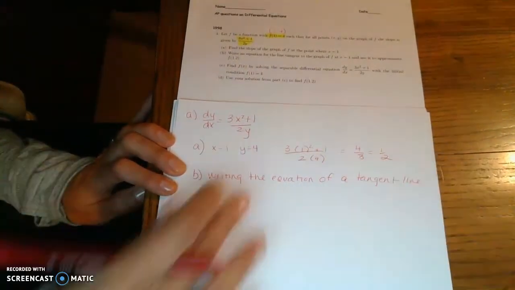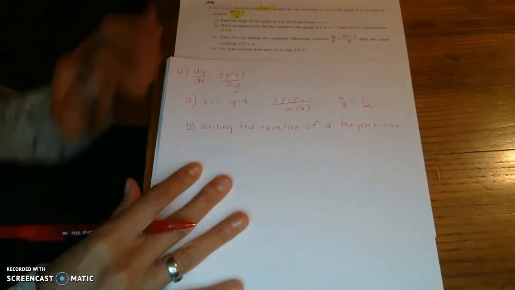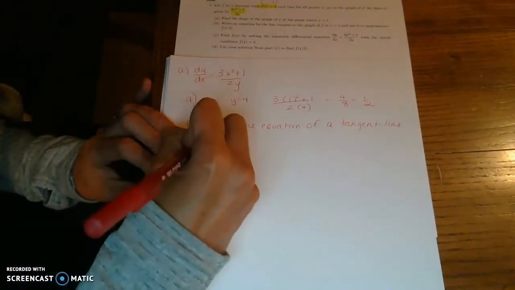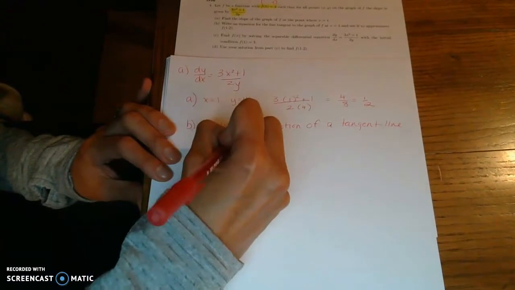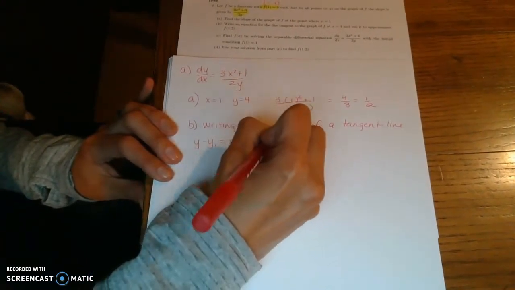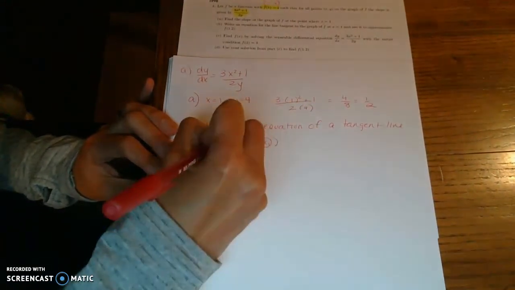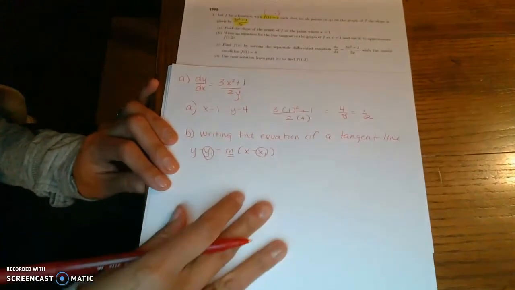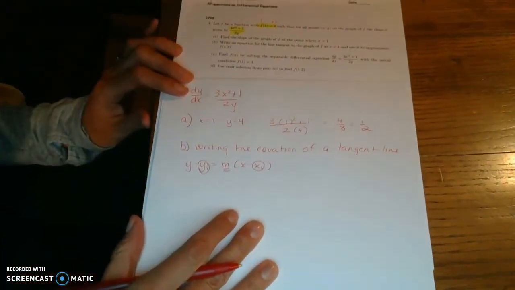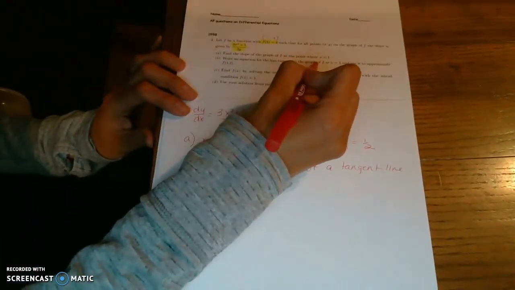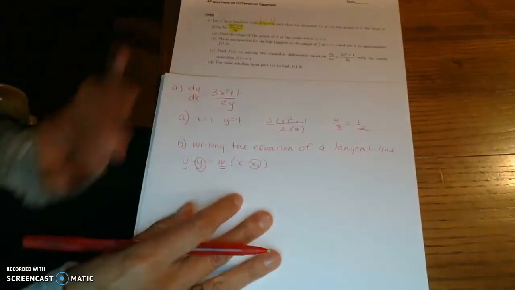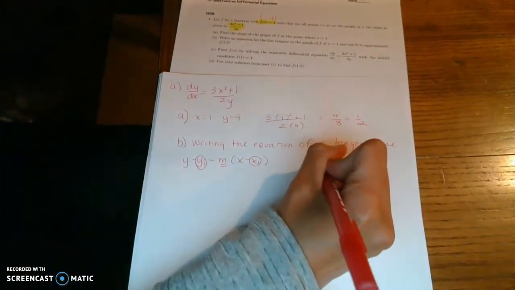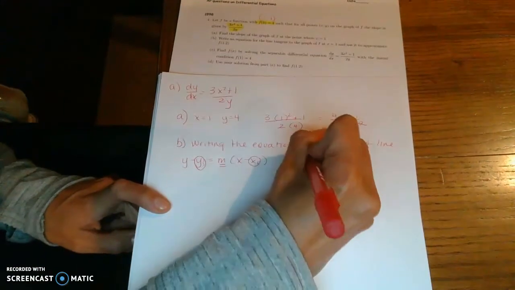Well, you know that anytime you write the equation of a line, you're going to use y minus y1 equals m times x minus x1, where you need to know a point and a slope. And we want the tangent line of f. Well, I know a point on f. The point is (1, 4). So that's my point.